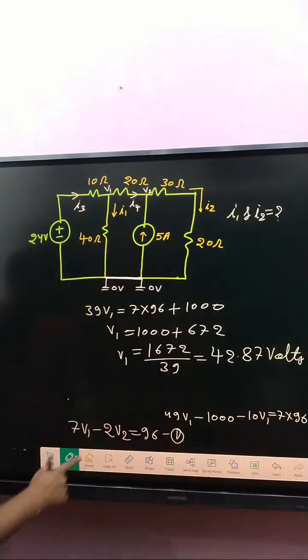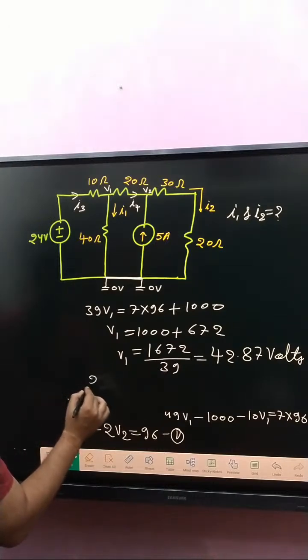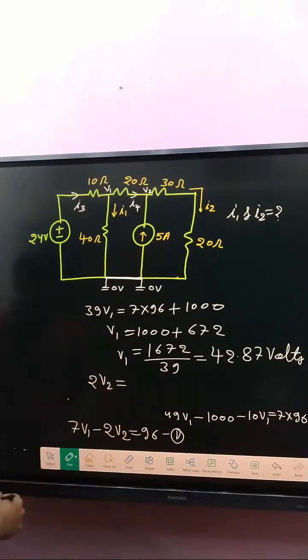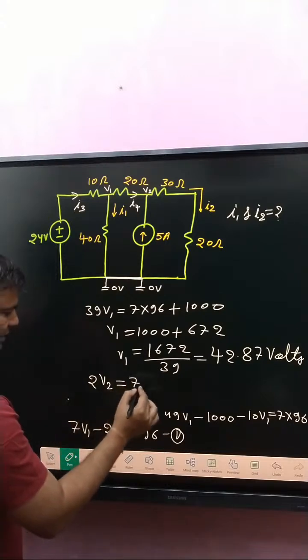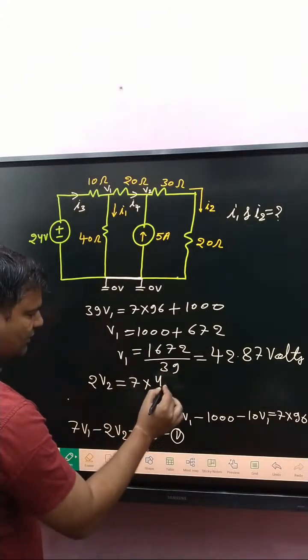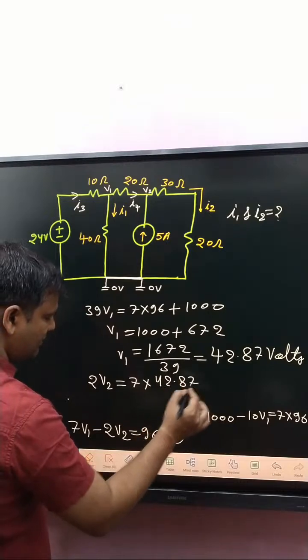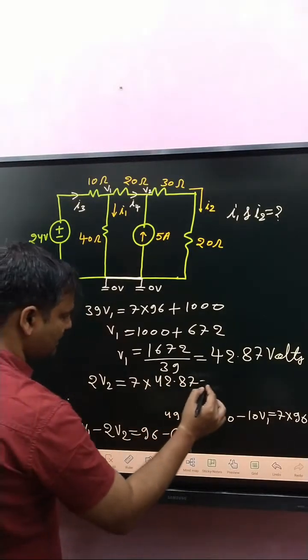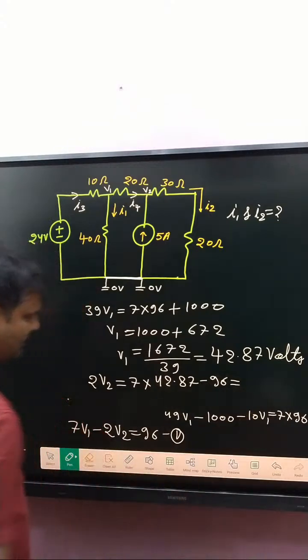Now that value put in equation number 1. Then we got V2. So 2V2 will equal 7 into V1, which is 42.87, minus 96. Then what about that value?